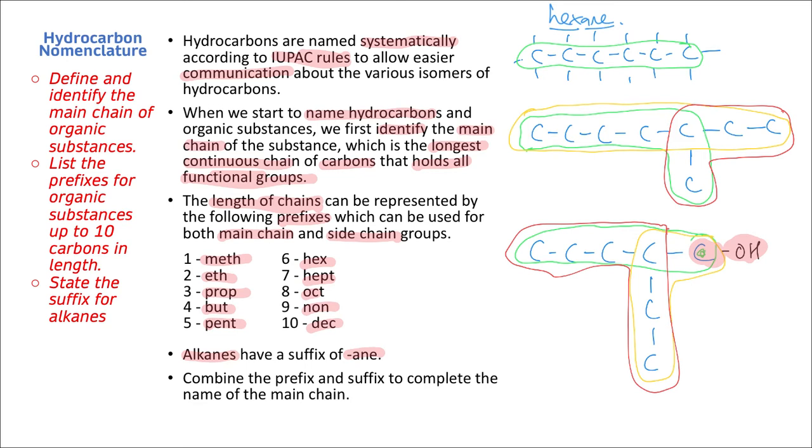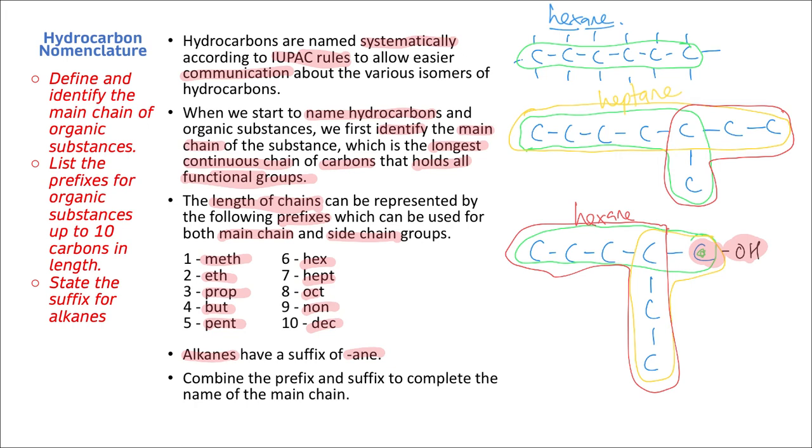The next one here is a heptane because it follows the yellow line with 7. And the next one here is a hexane again because it has 6 in its main chain, and they're all single bonded.